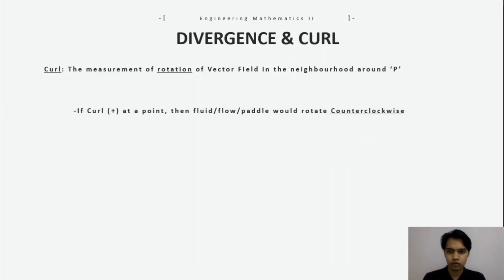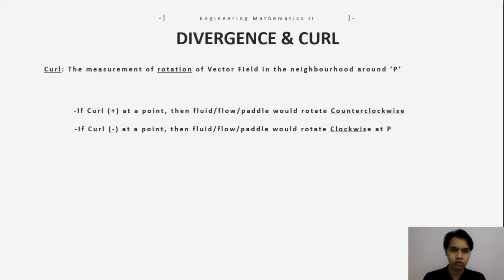If curl is positive at the point, then the fluid flow or paddle will rotate counterclockwise. If curl is negative at the point, then the fluid will rotate clockwise at P. If curl is 0 at the point, there will be no rotation at P, irrotational.